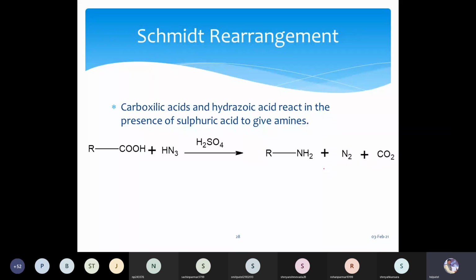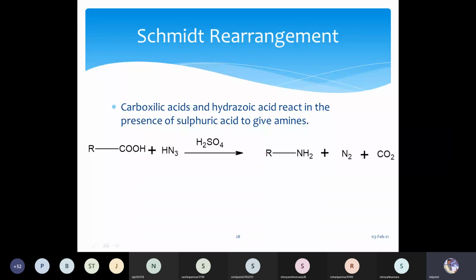I have talked about the Schmidt rearrangement in reactive intermediates, but now we are going to discuss it in detail. If you have an acid and want to convert it into an amine, you can carry out the reaction by the Schmidt rearrangement. We can convert acid into amine directly.